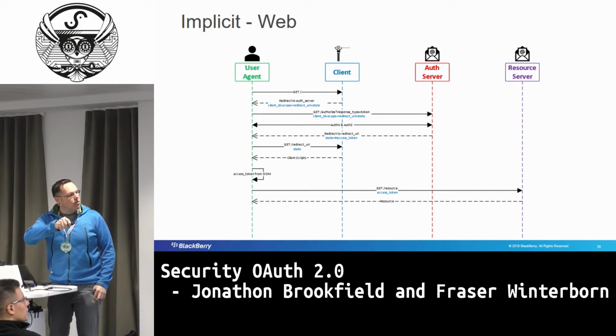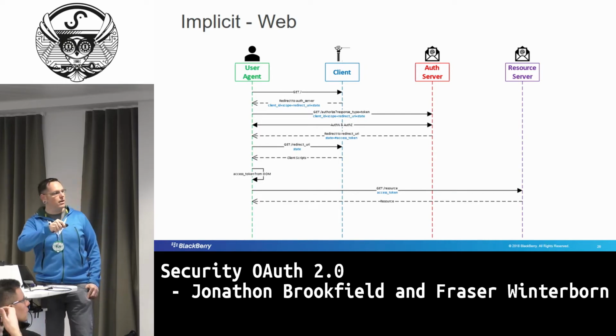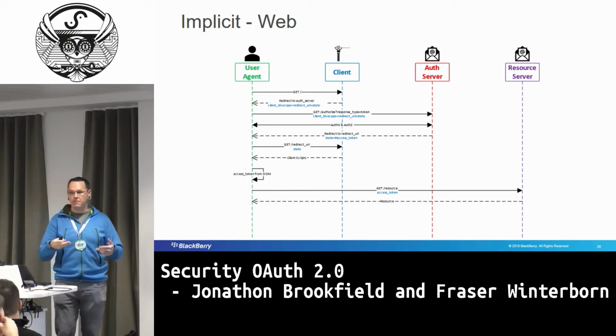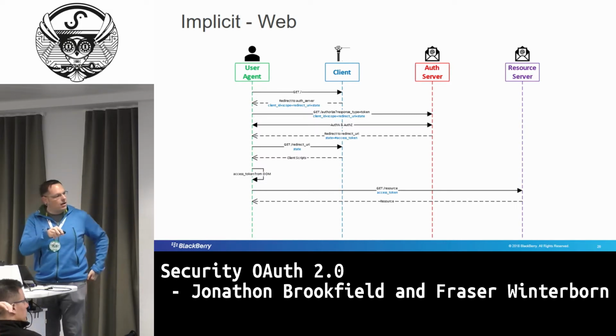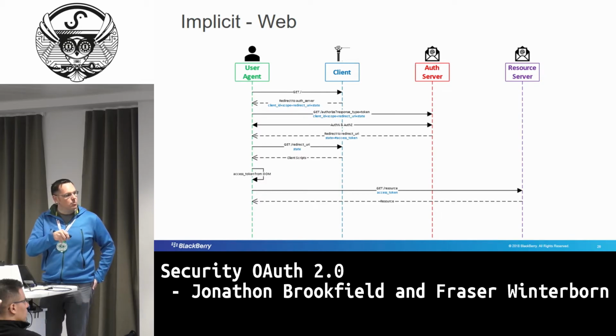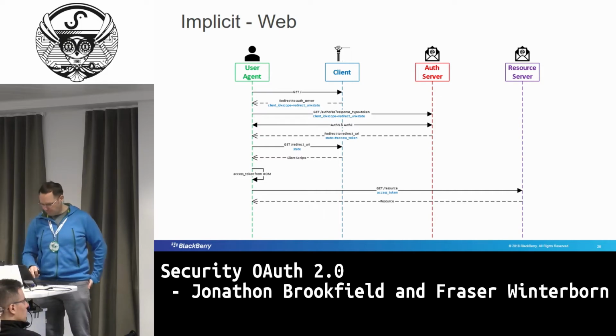But rather than redirecting an authorization code, an access token is passed back in the anchor tag of the URI, and that's picked up by the client-side JavaScript from the DOM. So that's the main difference. There is no direct connection from the client to the authorization server, but the client side will then use the access token to access the resource server directly.